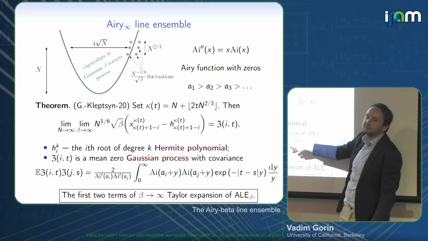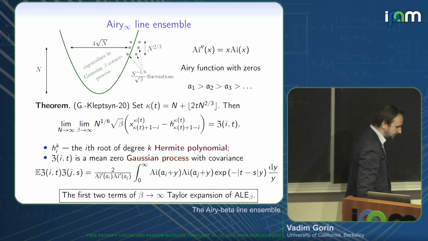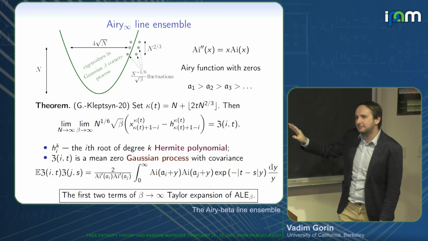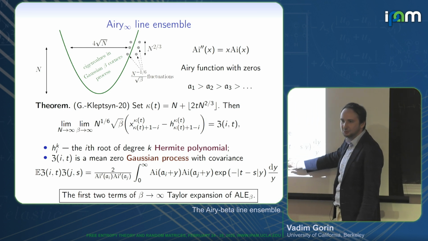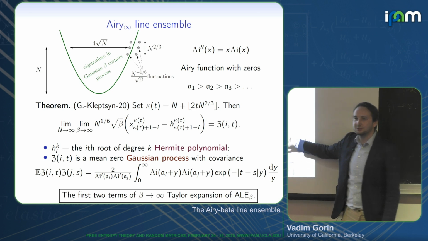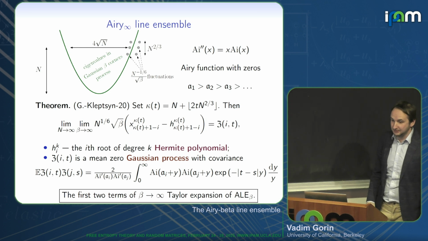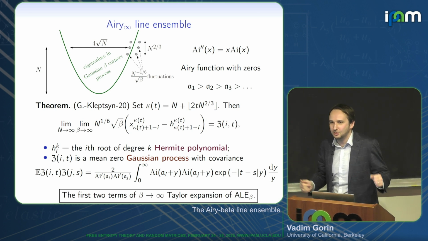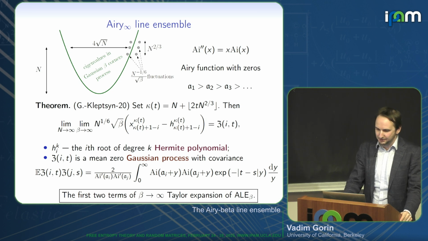And on top of that, you have some explicit Gaussian field with explicit covariance. These are the first 2 terms in this expansion. But actually, that's not that bad. If you compute some numeric characteristics at finite values of beta, even beta equals 1, you can get some good matches just by using this approximation from beta to infinity. But again, these are only the first 2 terms. We don't know how to move further to get something simpler than what we had from the previous theorem.